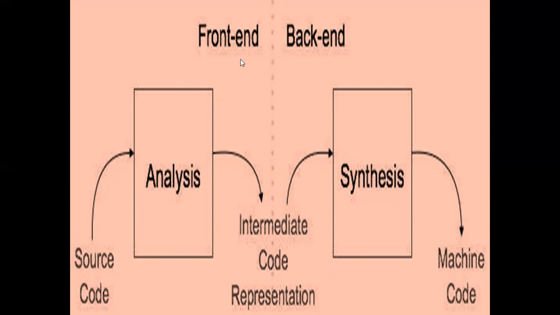So the first three phases are called the front end, and the last two phases are called the back end, and in between the intermediate code is there. The analysis phase includes lexical analysis, syntax analysis, and semantic analysis, and the synthesis phase includes code optimization and target code generation. Okay, so this is the front end and back end.